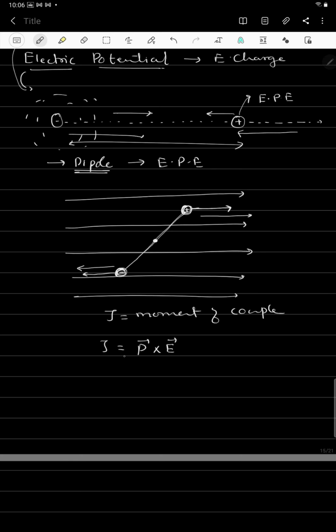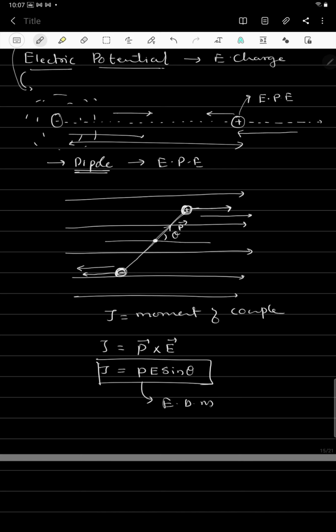So we can write it as dipole moment into electric field into sine theta. Considering the angle theta acting on a dipole, the cross product P cross E gives P E sin theta. So this is the electric dipole moment.